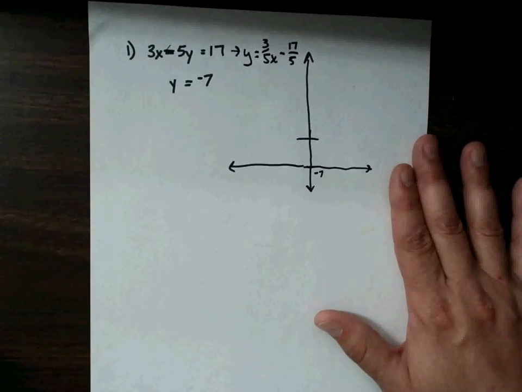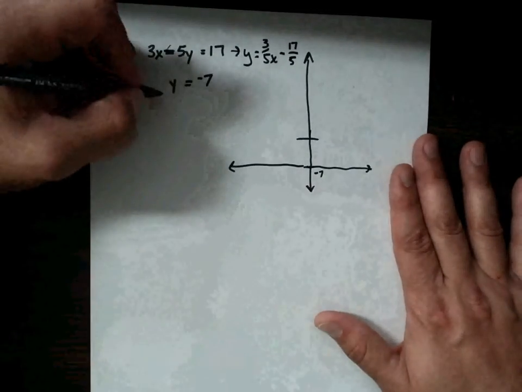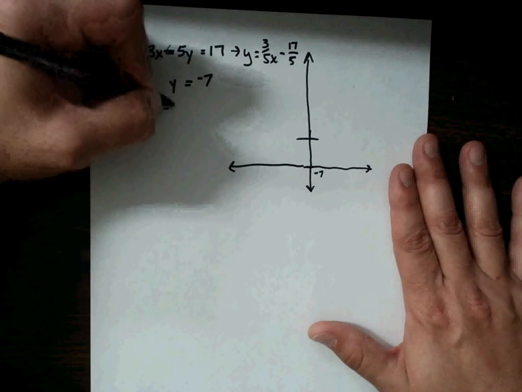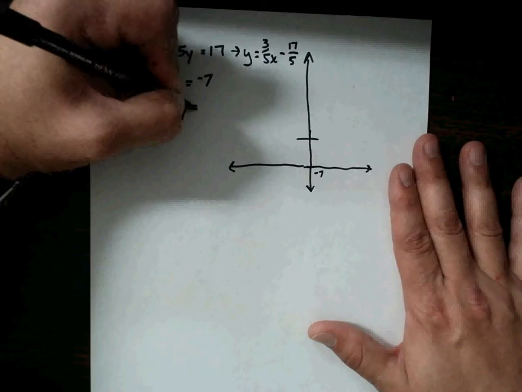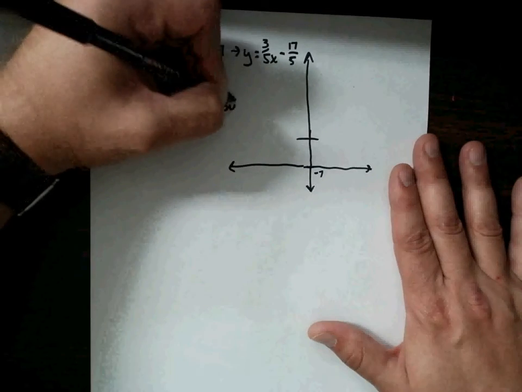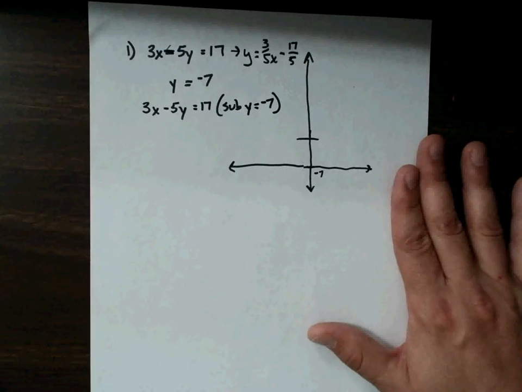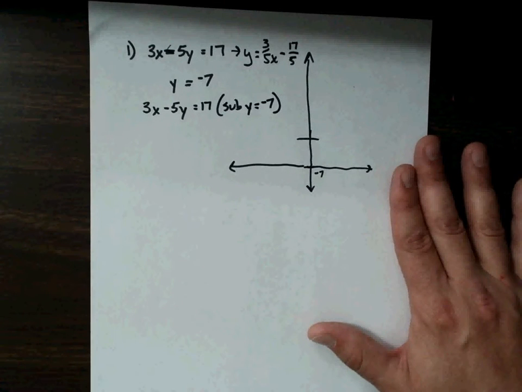And so what I'm going to do to find it is I'm going to take, on substitution, this equation right here, and I'm going to substitute y equals -7. What characteristics of the problem lend themselves to substitution?